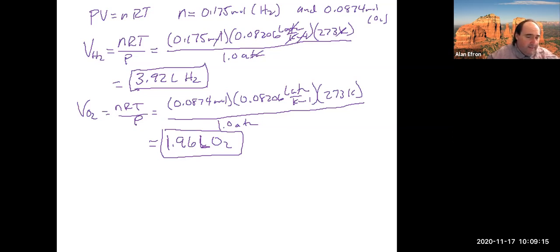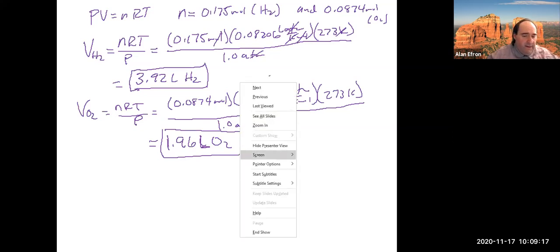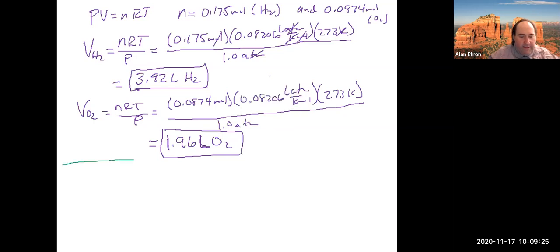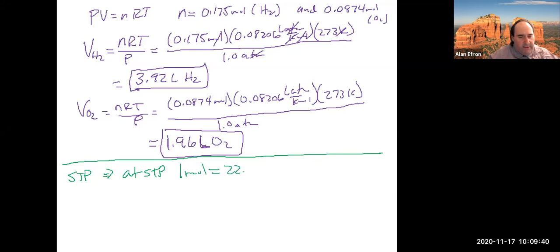Now, a couple of things here. Perhaps you remember, perhaps you don't, so let's just make sure. You do have another way of solving these in this particular situation. Because we were at STP, the relationship is that when you are at STP, 1 mole of any gas will equal 22.414 liters.